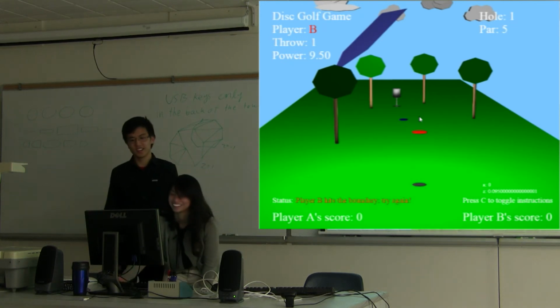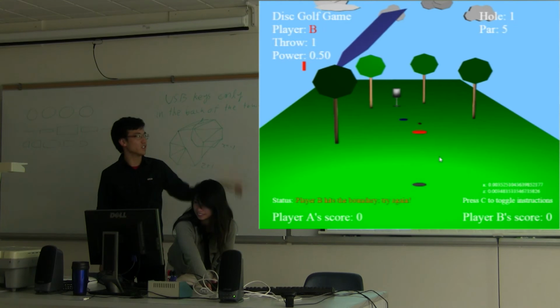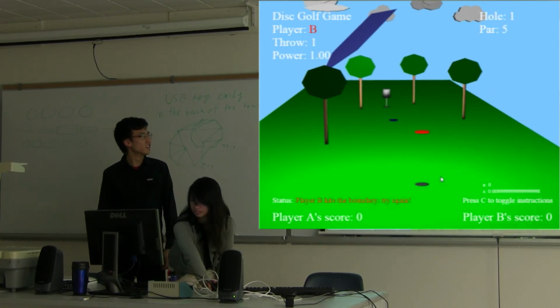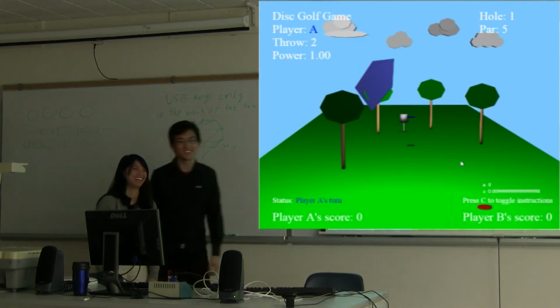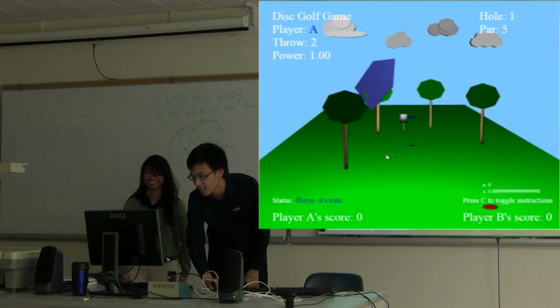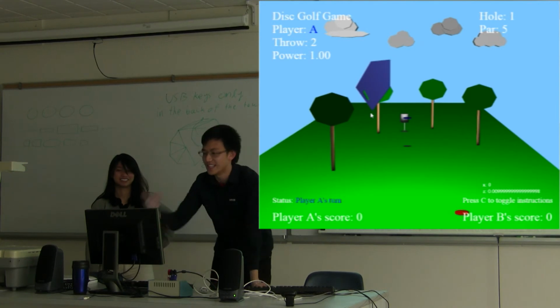It's my turn again. And again, there's another randomly generated wind vector. Oh, I don't know how to do it. It's tricky because sometimes you don't realize how much power the wind is going against you.